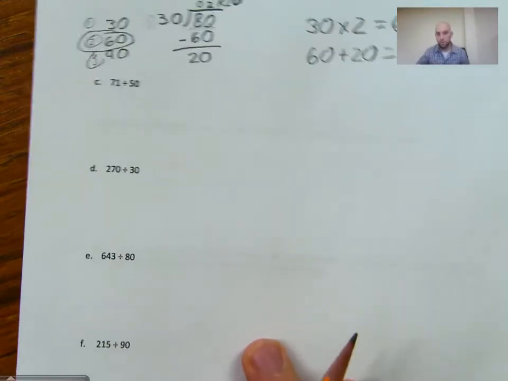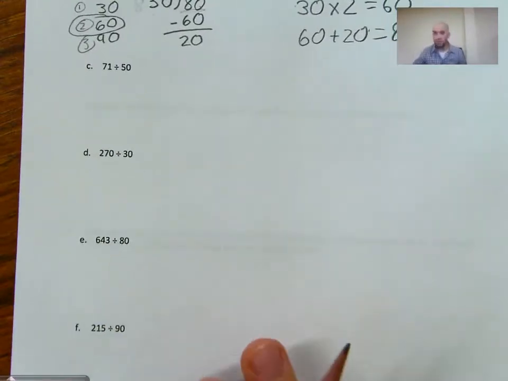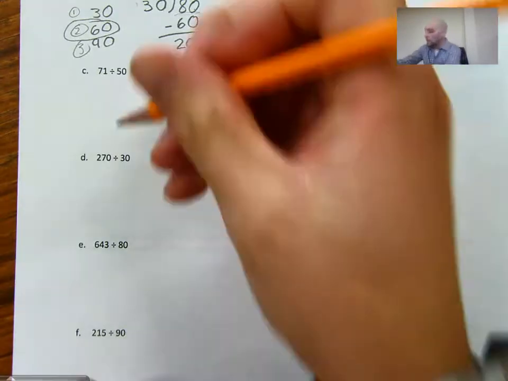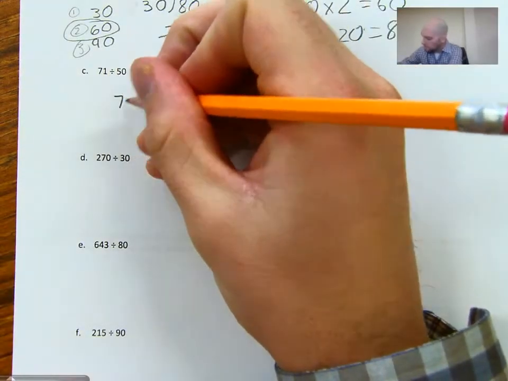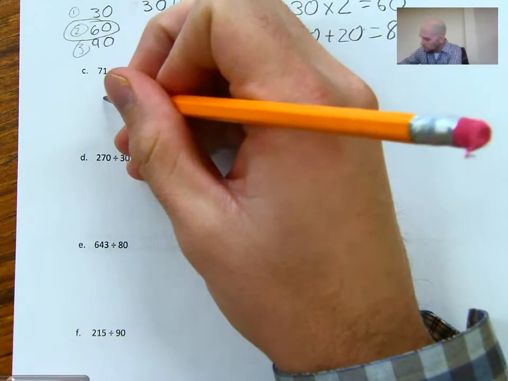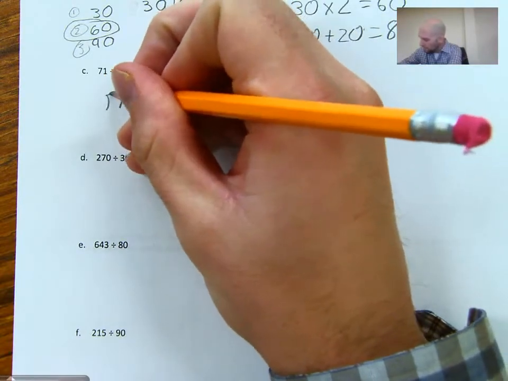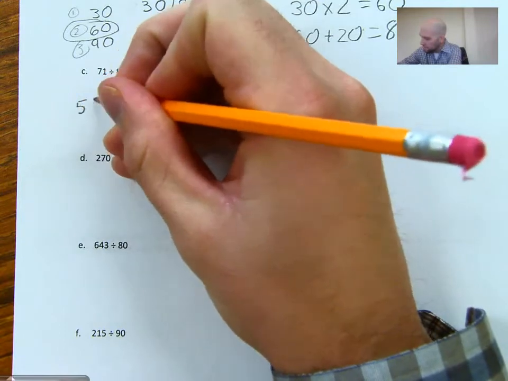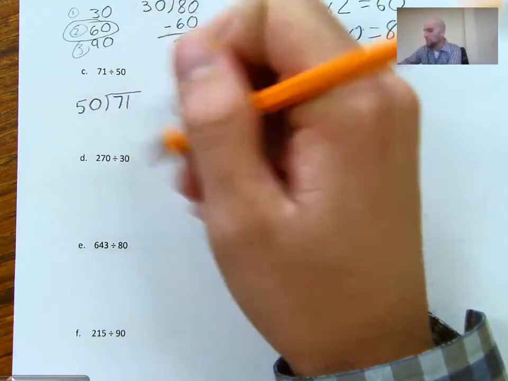So we're going to do a couple more just like that. We'll do letter C, 71 divided by 50. Again, remember 71 is going to go inside and 50 goes outside. So we're just flipping those numbers.